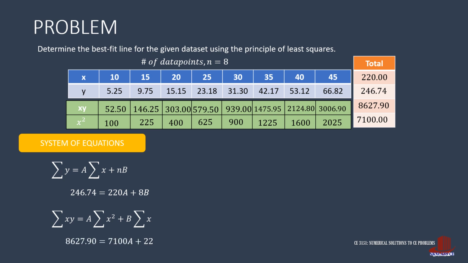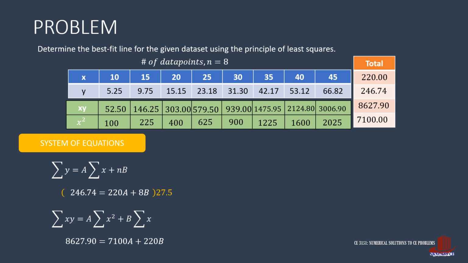Thus, the second equation is 8627.9 as equal to 7100a plus 220b. With two equations already presented, plug the coefficients in your scientific calculator to have the function for the best fit line. However, we solve for the coefficients manually to show the solution.